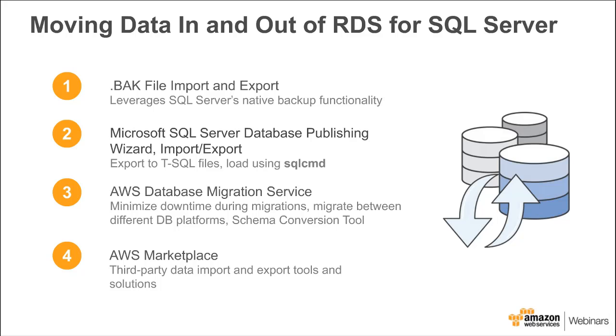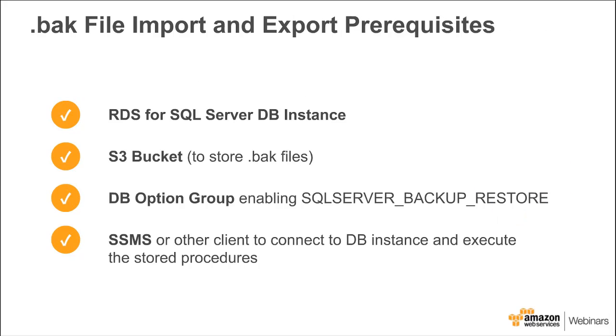And finally, you can leverage the AWS Marketplace where our ISV partners offer third-party data movement solutions and tools as well. So let's see how import-export using native backup files works in RDS.